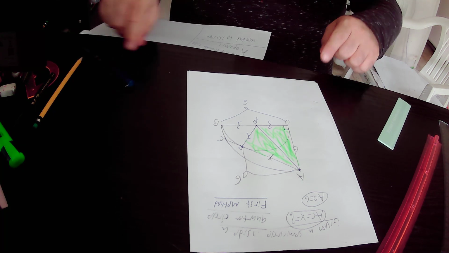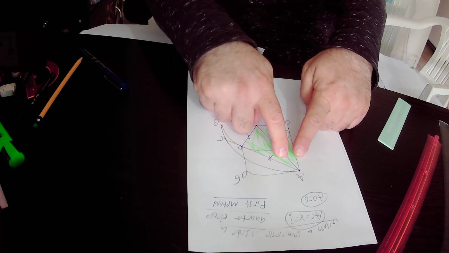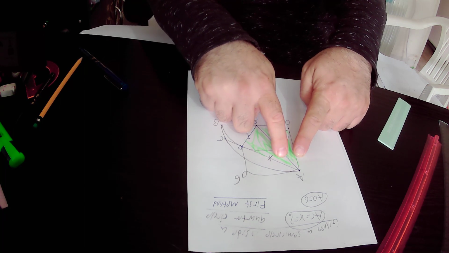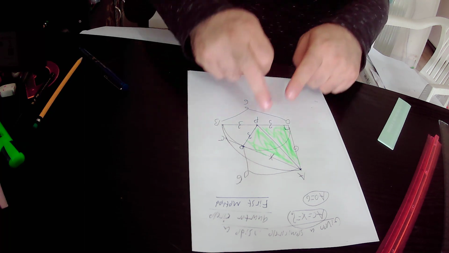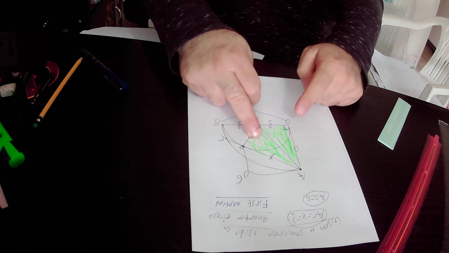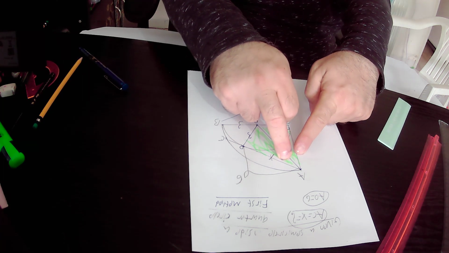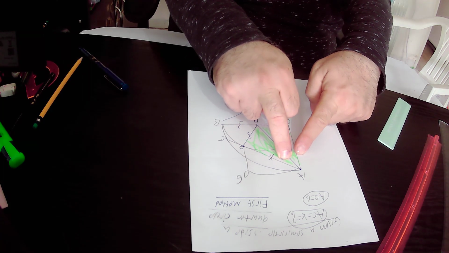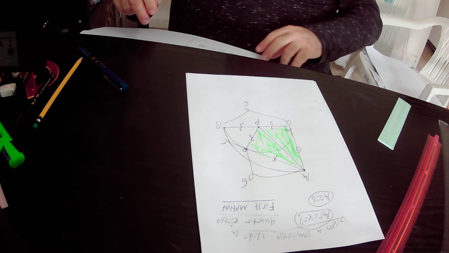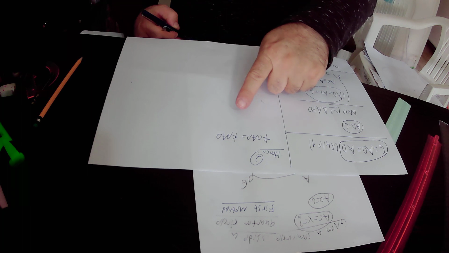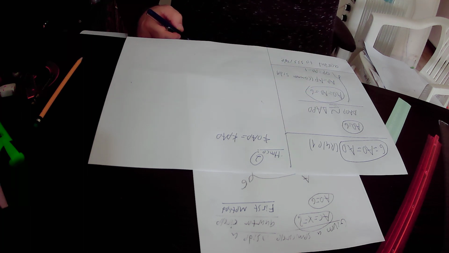So those two angles are equal according to the rule that corresponding angles in congruent triangles are equal to each other. For that reason, angle OAP equals angle PAD.